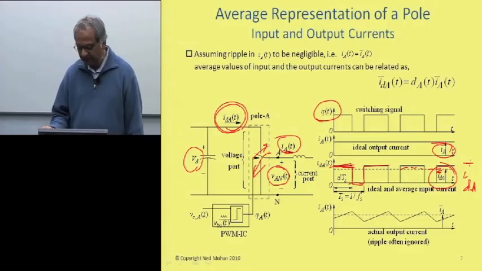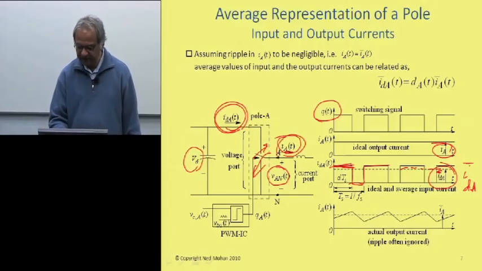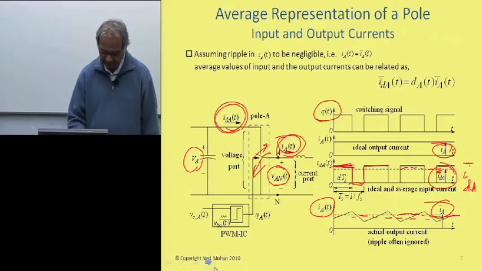But in the real world, this current I sub A would have some pulsation, as shown here by this waveform, which will have this average value, which we are trying to control, this average value over here. All right.